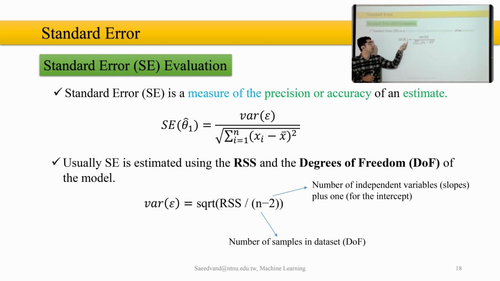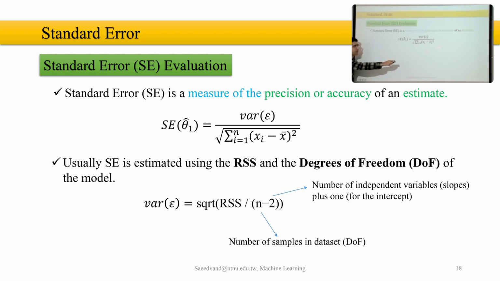intercept and slope? So what we do, we write standard error of theta hat 1. That is equal to variance of the epsilon, variance of the error that we have, over the square root of the sum of the differences between the input and the mean of the input.